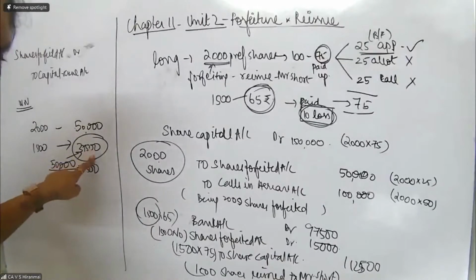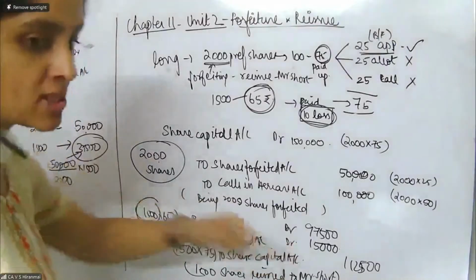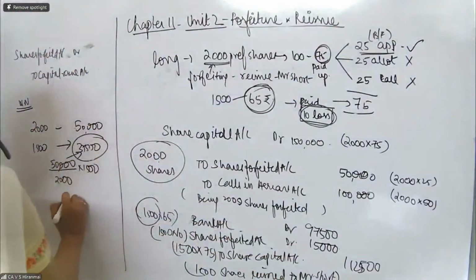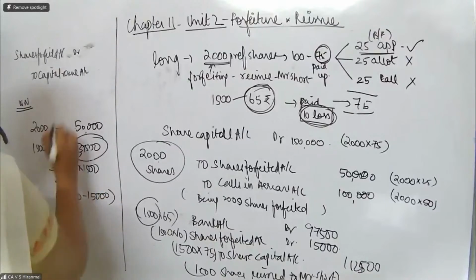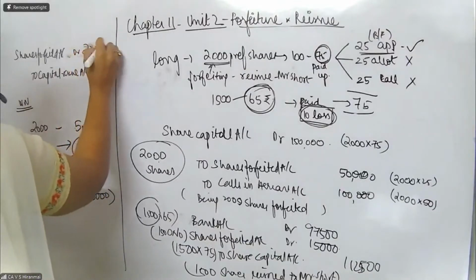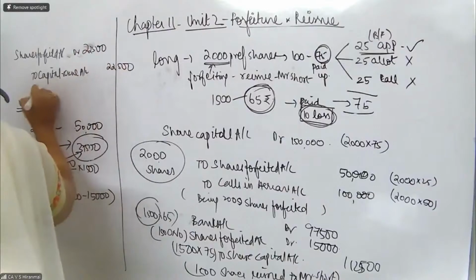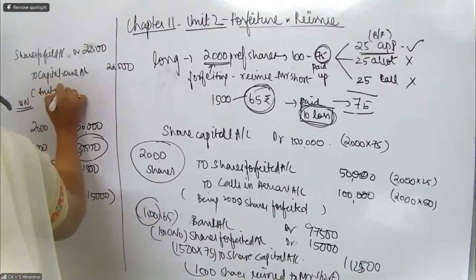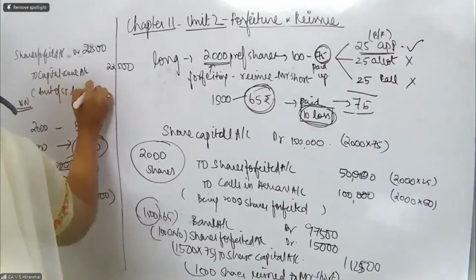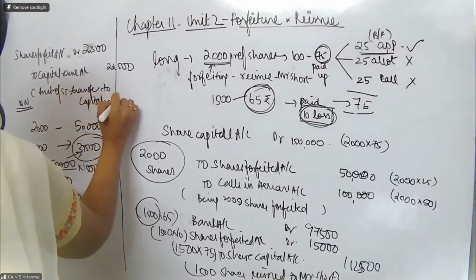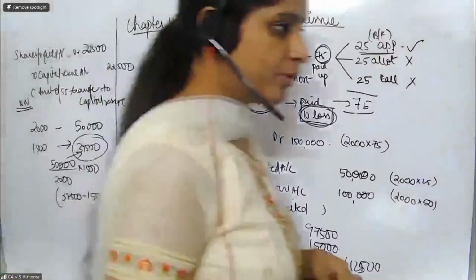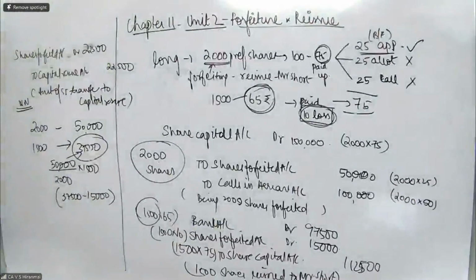37,500 is the actual value minus the loss now. So 37,500 minus 15,000 gives me 22,500. That is the amount of shares forfeited transferred to the capital reserve. This becomes very important. So this is what I was telling you earlier. If the shares are not entirely reissued, what are you supposed to do?